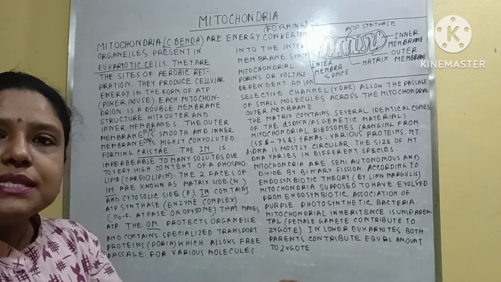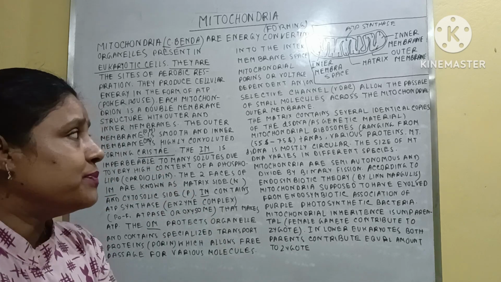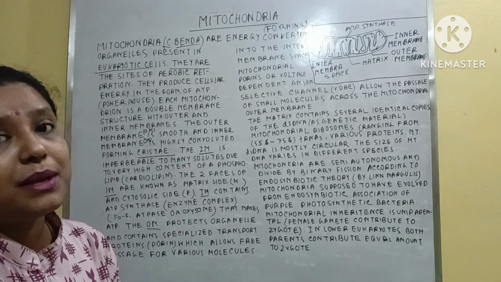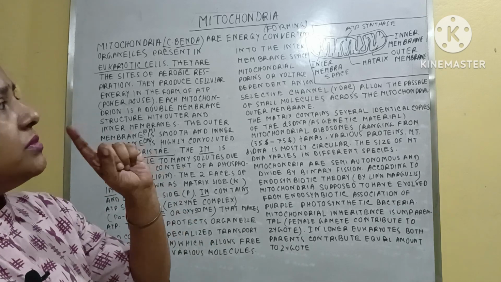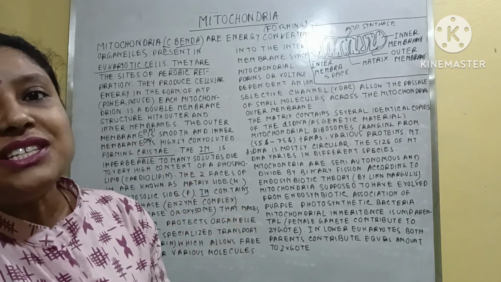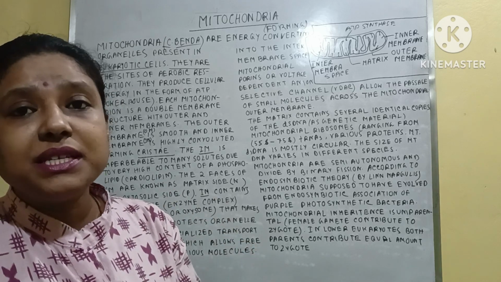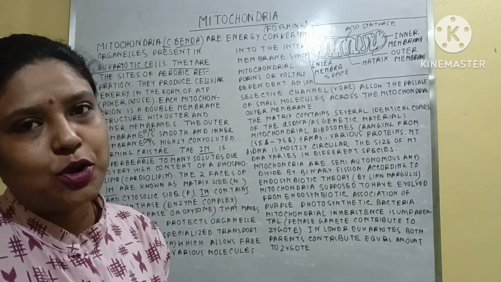Glycolysis is completed within the cytoplasm, and the mitochondria is involved in the completion of the Krebs cycle. The Krebs cycle is the process where the energy ATP is produced, and this happens in aerobic respiration.